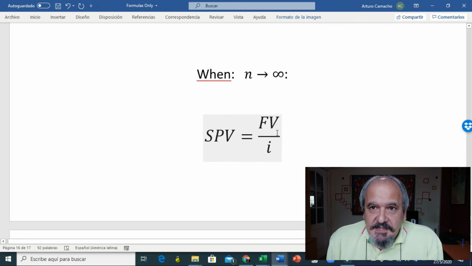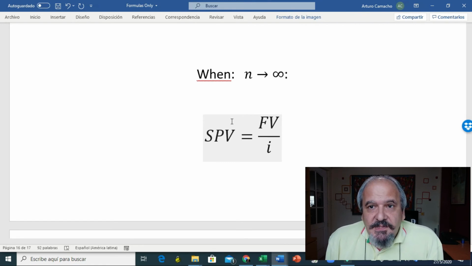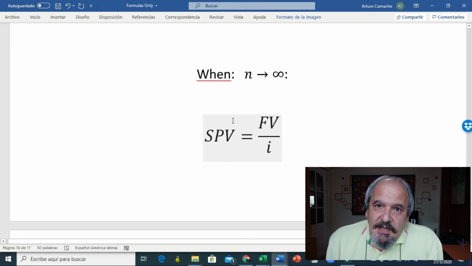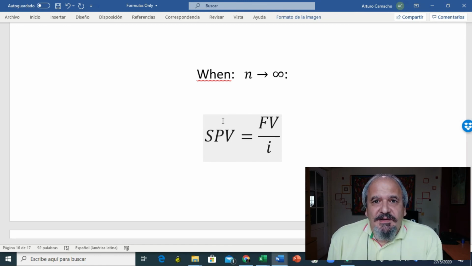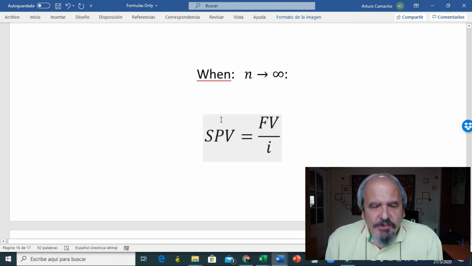So, as I say, I assume that all my future values are constant from here to eternity, right? What happens if the cash flows are not constant? Because every project grows in the future. So imagine that all the cash flows of your project grow in a particular percentage per year.